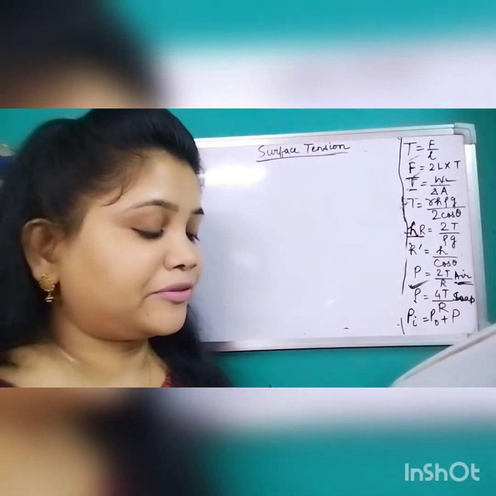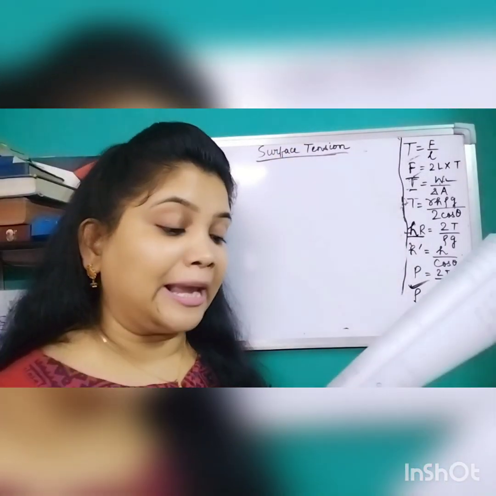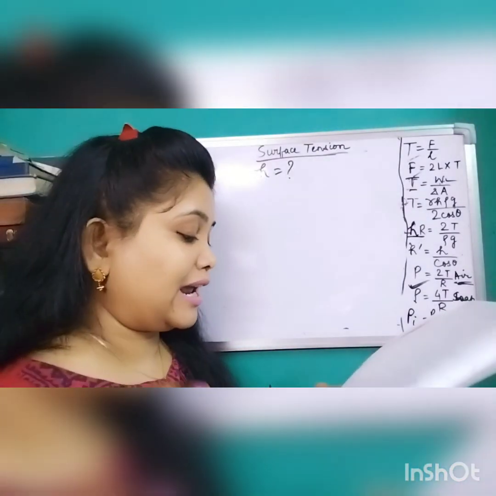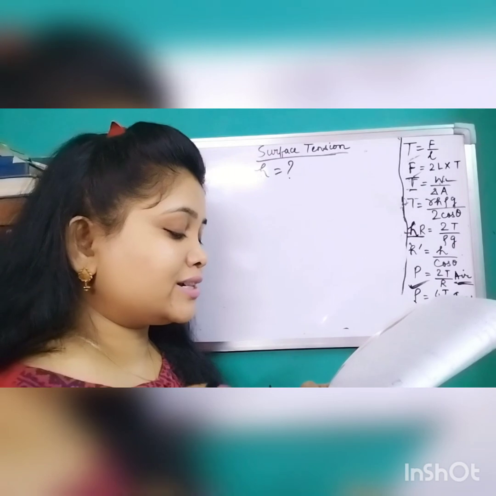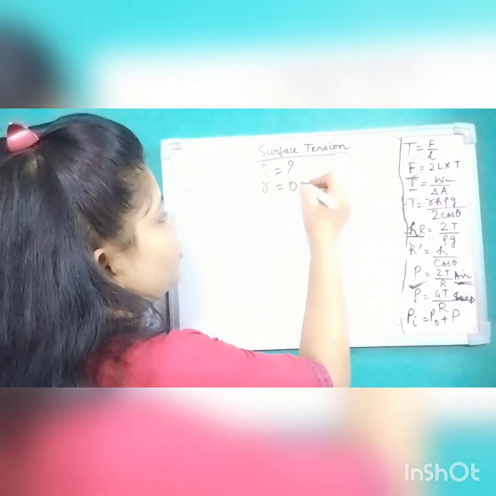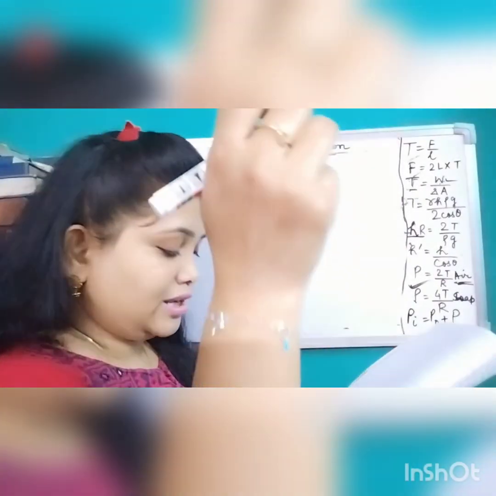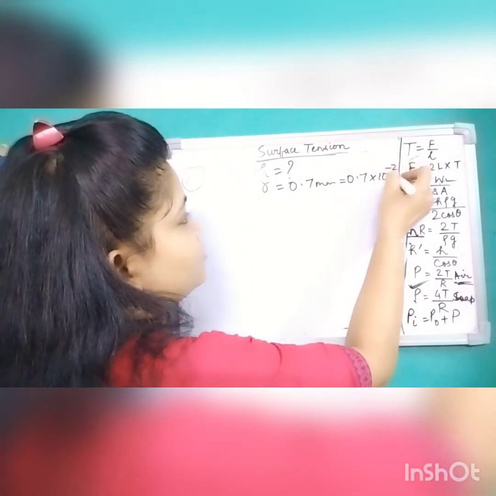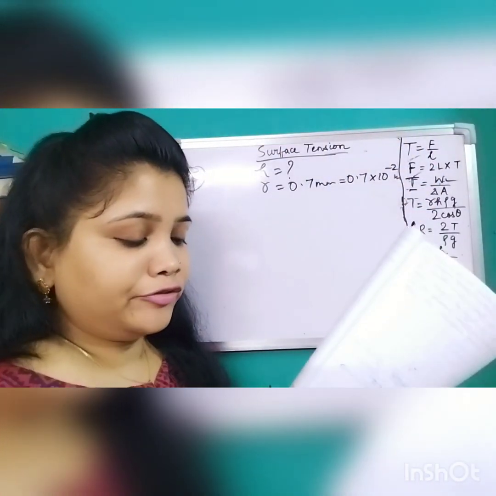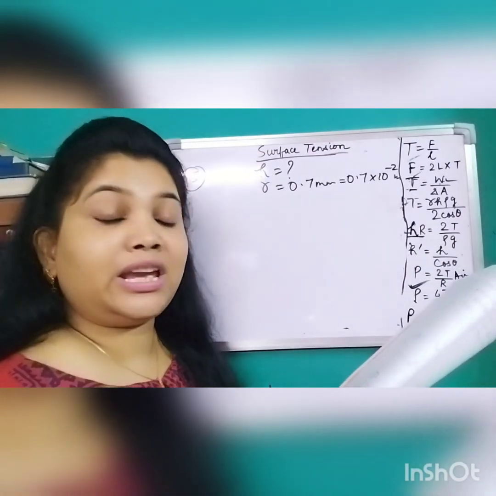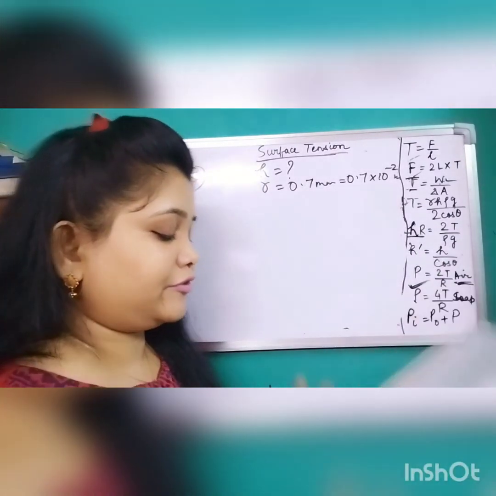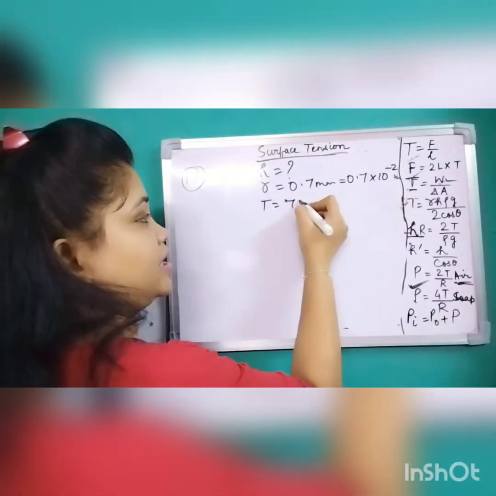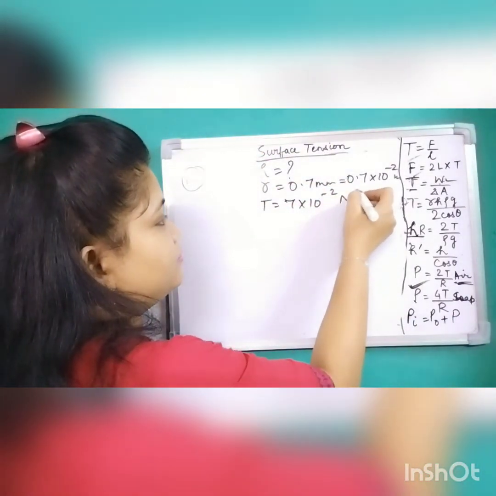Find the depth, meaning H, at which an air bubble of radius 0.7 millimeter, which I will convert into meter as 0.7 into 10 to the power of -3 meter, will remain in equilibrium in water. Surface tension T is given as 7 into 10 to the power of -2 Newton per meter.